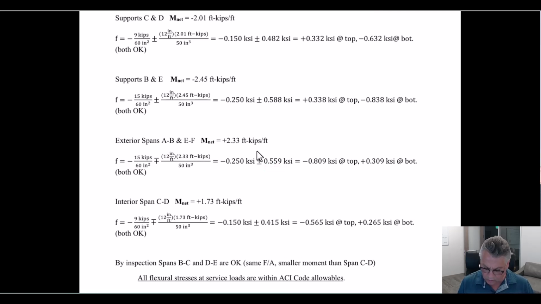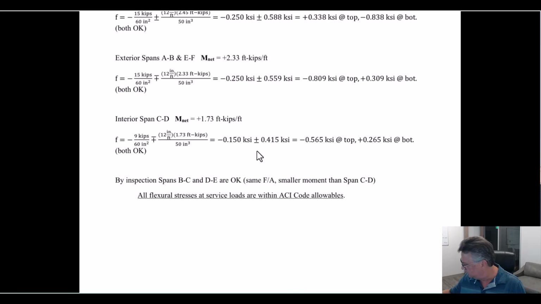Therefore, we're looking for tension on the bottom in the exterior spans, and we get it. 309 psi tensile stress on the bottom, negative 809 psi on the top in compression. So again, this is less than our allowable. I'm feeling good about this.